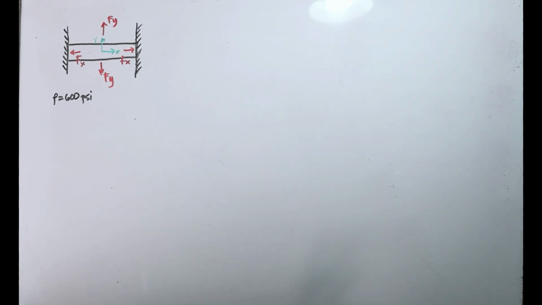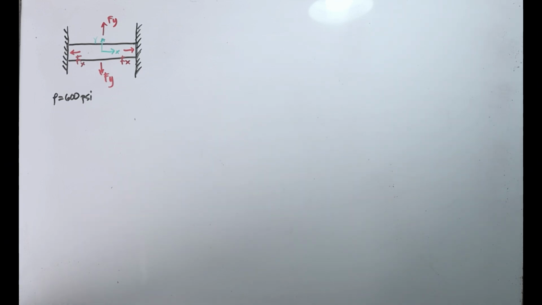Because of the presence of the rigid wall, there will be no elongation or no strain along x. That means there is no longitudinal stress due to the axial force Fx.